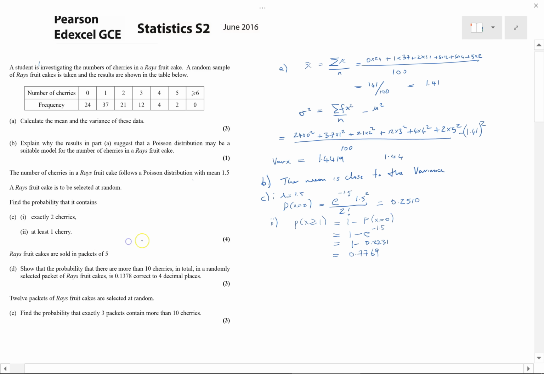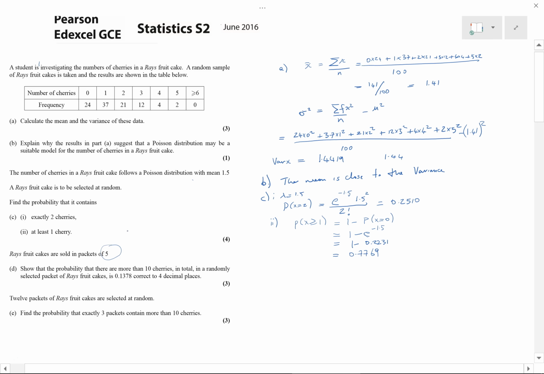I must admit, when I first read this, my first thought was binomial, because it feels like a fixed number of trials, but actually that would be incorrect, because all the 5 does is mean that we've got basically 5 times the amount of cake, so the rate will be 5 times the amount.